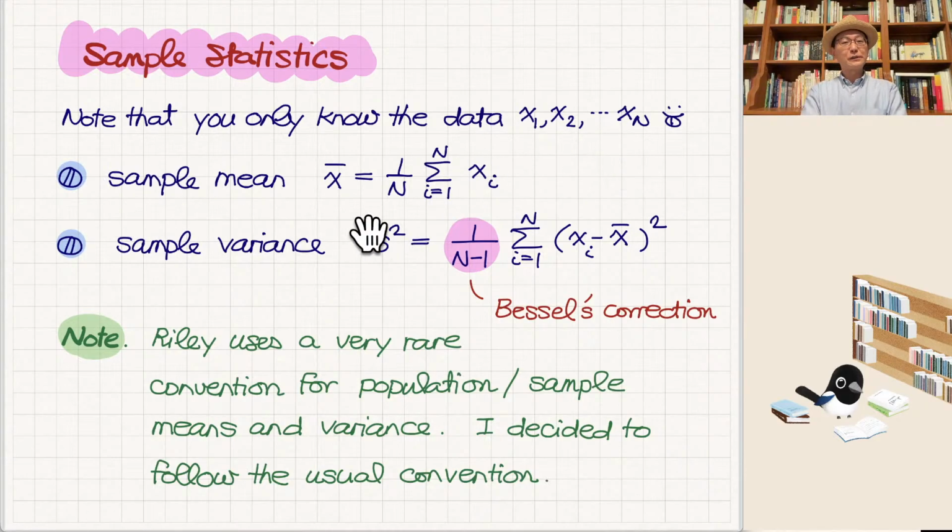Okay. So first of all, suppose now you only know the data x1, x2 to xn. The first thing you can do is the sample mean. So this is trivial, right? This x bar is 1 over n, sum i from 1 to n, xi. That's great. The second one is that you can do an unbiased sample variance. And the unbiased is sometimes ignored and it's just called sample variance. So instead of dividing by n, here you multiply by 1 over n minus 1.